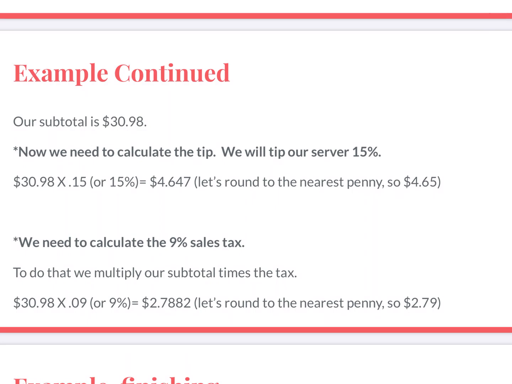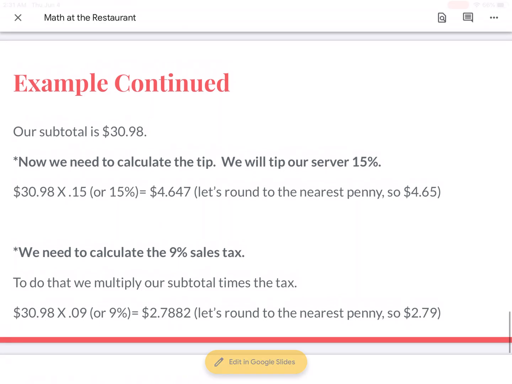But let's round that to the nearest penny, because that's how our money works. So it's going to be $4.65 for our tip. And then we need to calculate the 9% sales tax that we have here in Mountain View.